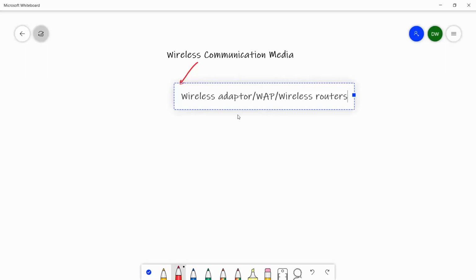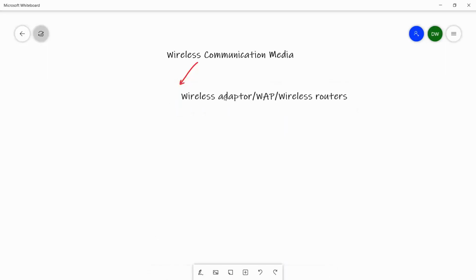When we talk about the wireless adapter, it is something like a built-in device which will provide you wireless access. For an example, you have your laptop, and inside the laptop you may have a wireless adapter built in, right?